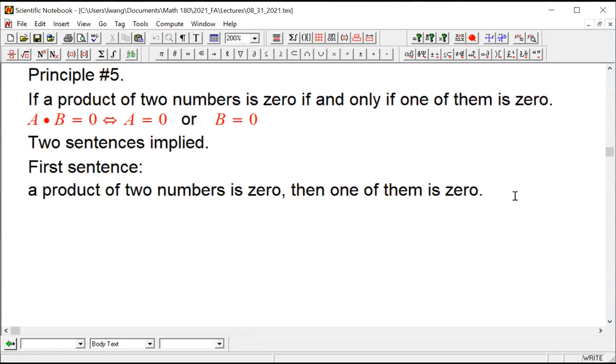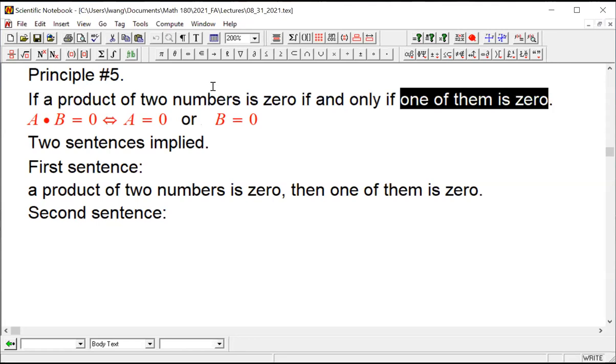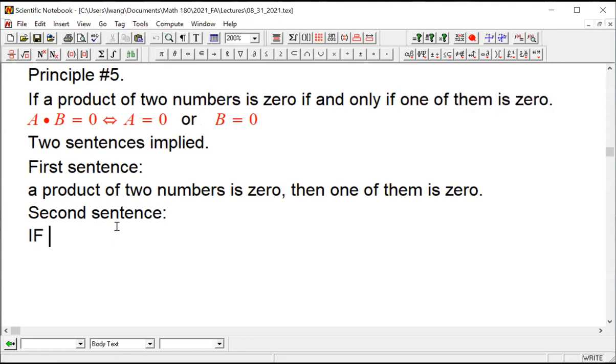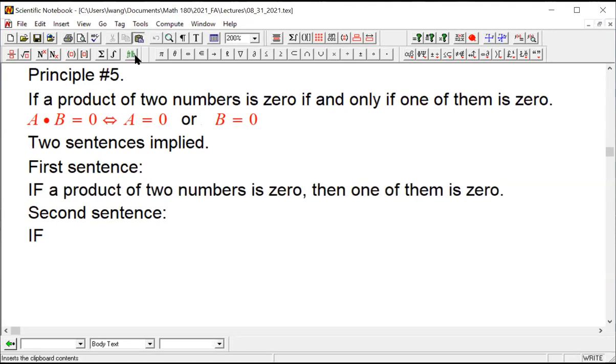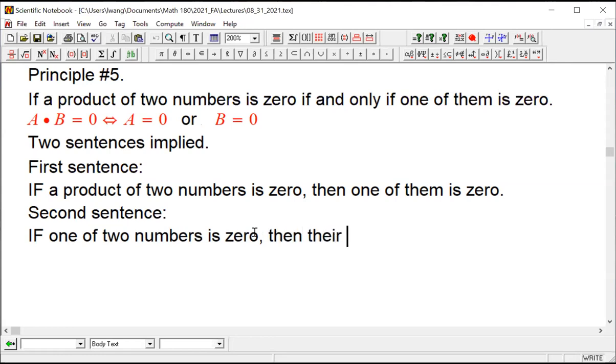The second sentence, so you guys get a head start on calculus, says: if one of the two numbers is 0, then their product is 0.